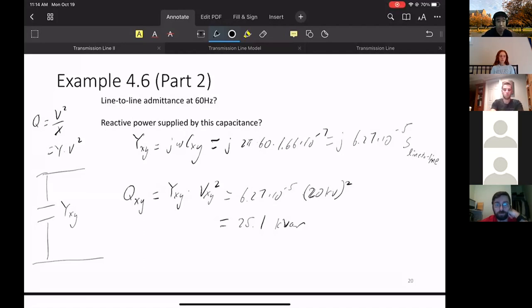Then we'll get the circuit model for transmission lines. Then we'll be done with the first part of the class because we have everything we need to build the circuits, and the second part of the class will be analyzing that circuit.